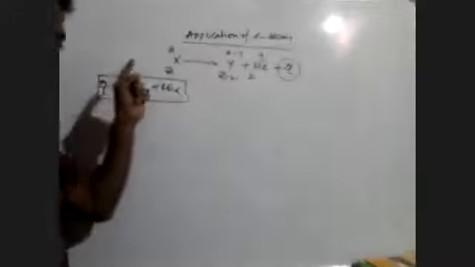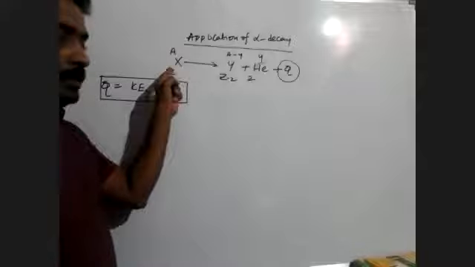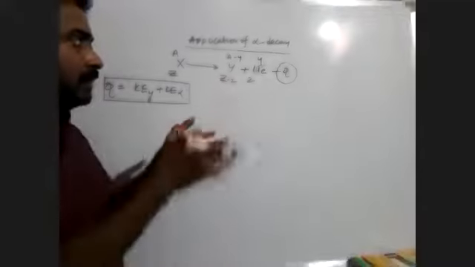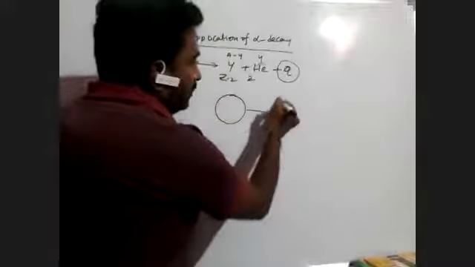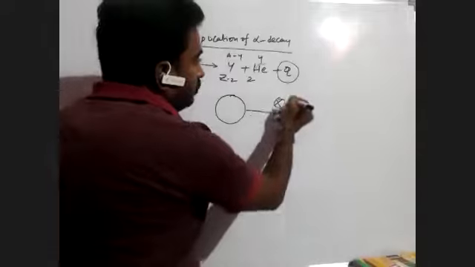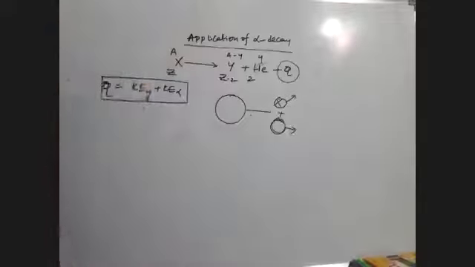When this parent is converting into daughter, it is similar to a heavy shell exploding into two parts, one small part and one large part. So these two will move with different velocities, but their momentum will be the same.